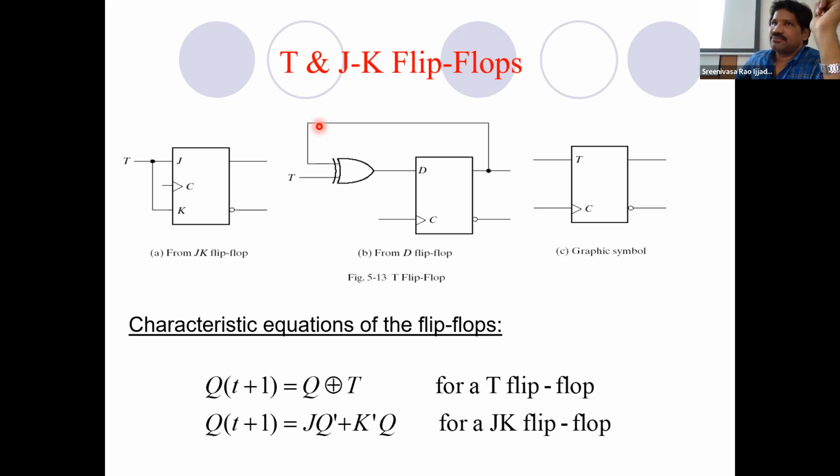Whereas for JK, all conditions should be taken care of. That means in the excitation table, all four combinations will come.